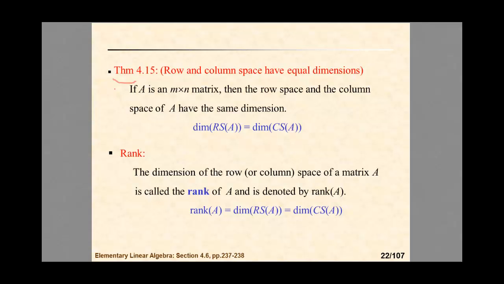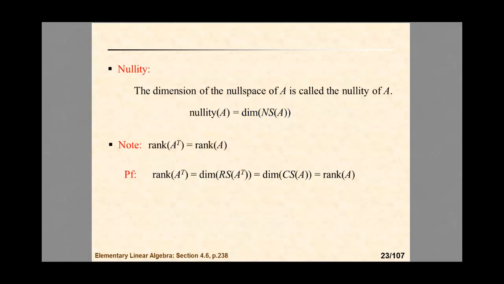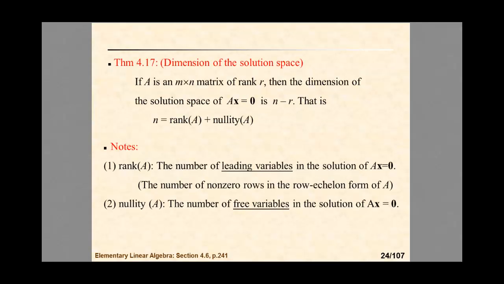It says that if A is an m cross n matrix, then the row space and the column space of A have the same dimension. The dimension of the row space and the column space of the matrix is called the rank of A, and it is denoted by rank of A. So now we are going to discuss the rank-nullity theorem, which is also called the dimension theorem.